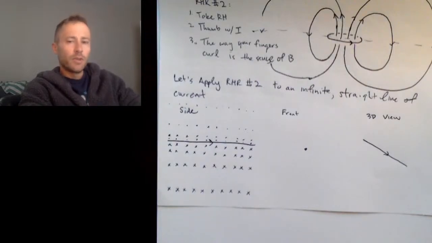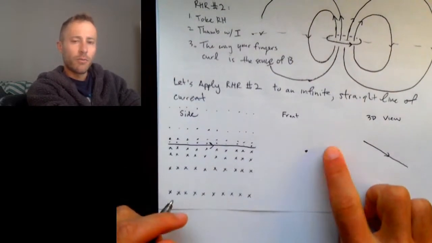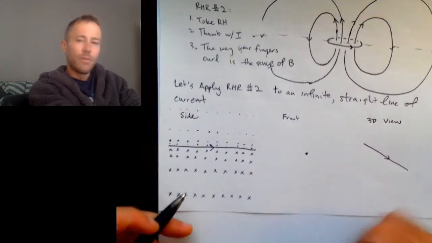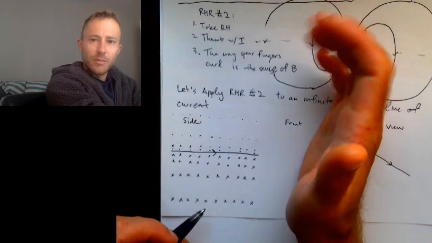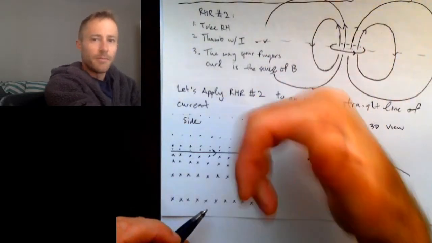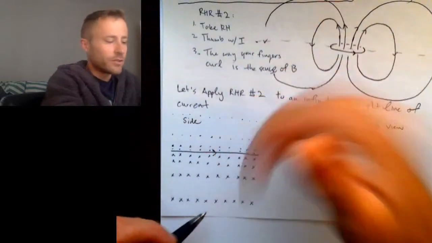Now, what if we were to look at this from a front view? So from a front view, my thumb goes in the direction of the current, which is out of the page, and I can see that my fingers are curling in the counterclockwise sense.